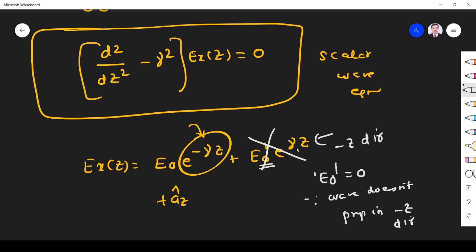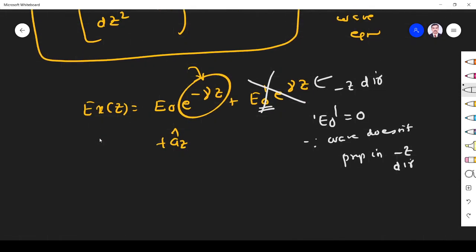E power plus gamma z is wave propagation in minus z. So Ex(z) is equal to E0 into e power minus gamma z. That is the point we have to remember.